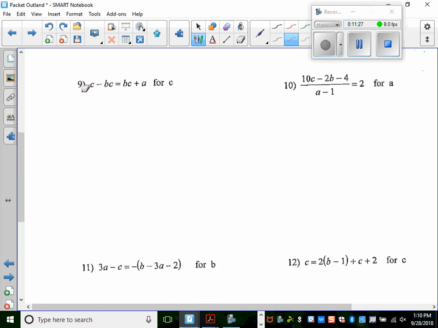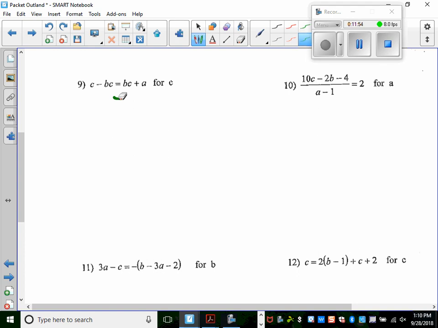Now, like always, there's always some exception to everything. So in number 9, since they're asking you to solve for C, and you have C located in a couple of areas here, in this term, and in this term, and in this term, I'm going to show you, and I'm also going to write another one so you can get used to what you would have to do to get just one C there and not a BC and a BC. So first, let's put the BC to the other side.